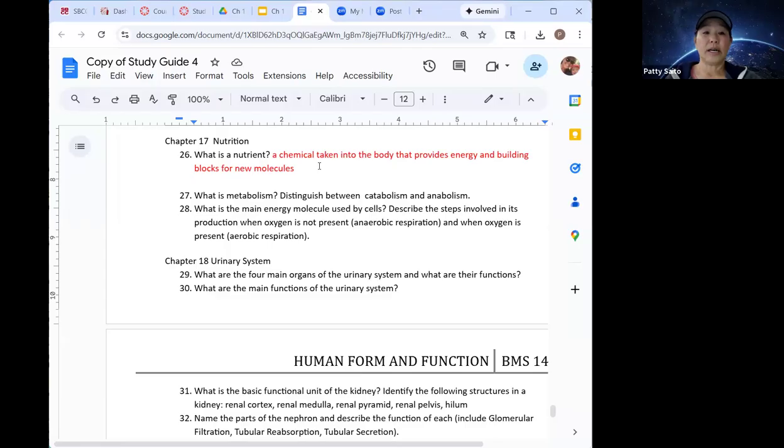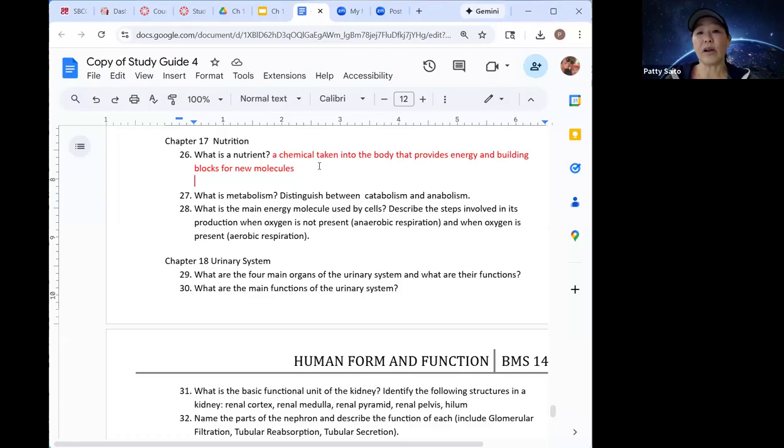All right, so we've talked a little bit about some nutrients, important molecules for our body: carbohydrates, lipids, proteins, right? This would also include vitamins and minerals. What we're going to do here is not really focus on the different types of nutrients and what they do, their characteristics and things like that.